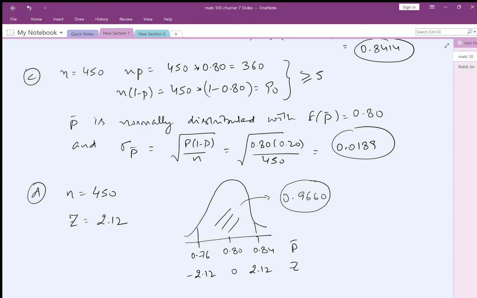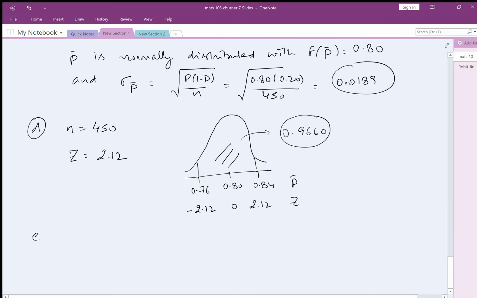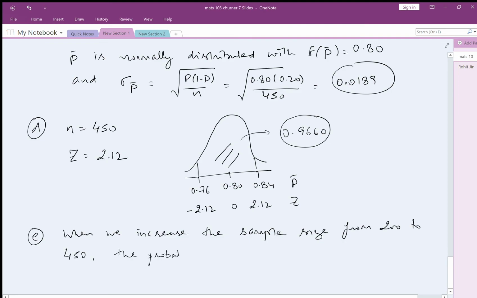So part E, as measured by the increase in probability, how much do you gain in precision by taking the larger sample? When we increase the sample size from 200 to 450, the probability increases.